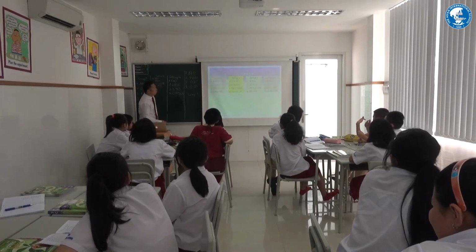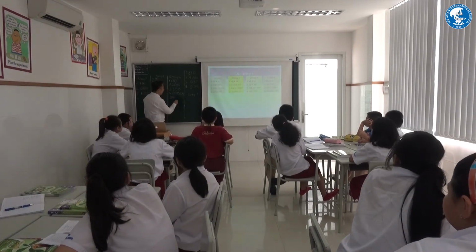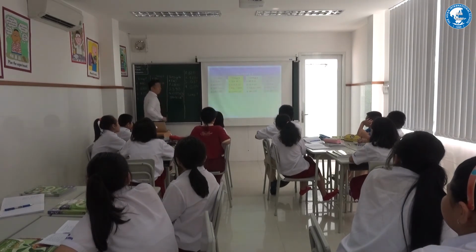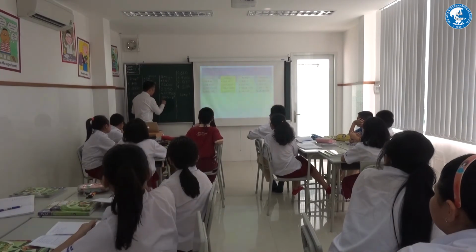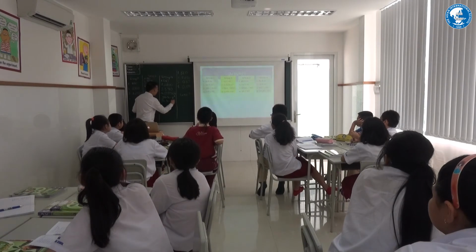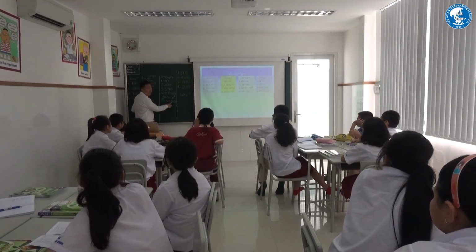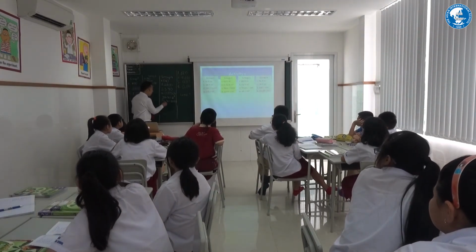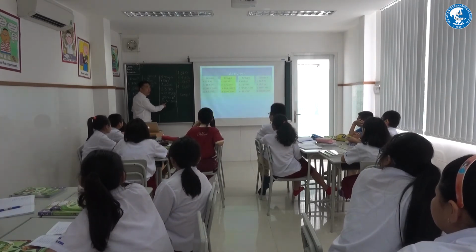Okay. So the problem is 56.36 divided by 10 raised to the 4th power, right? Yes. So 10 raised to the 4th power is also equal to 1, 2, 3, 4. You have 4 zeros, right? Yes. Okay. So since this is division, the decimal point is here. How many times you move the decimal point? 4.